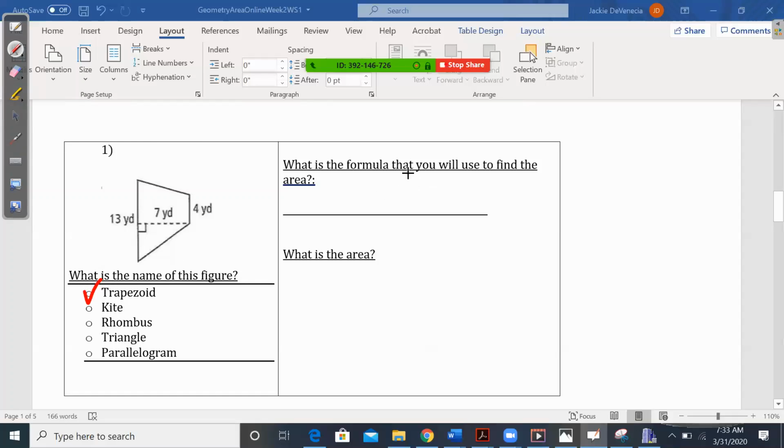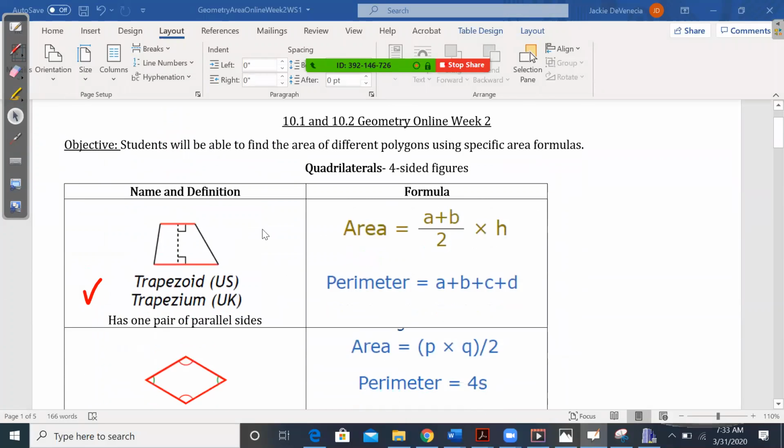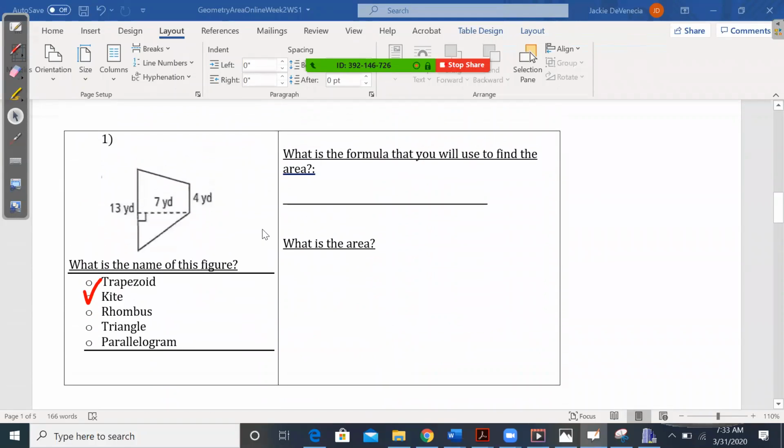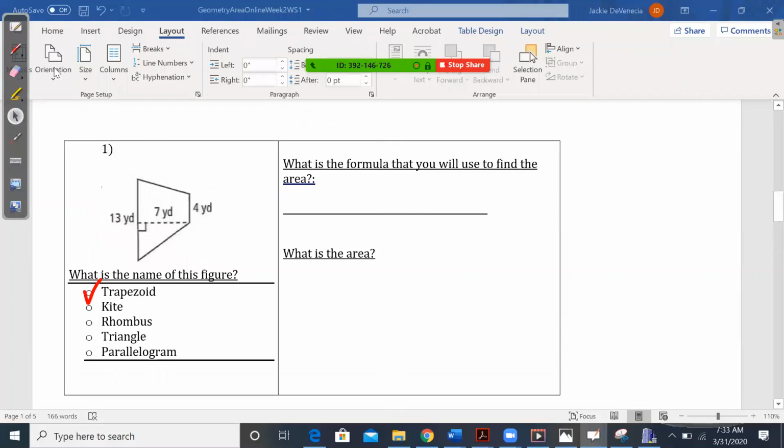Now I'm going to use the area formula that I saw up here. So if I were to rewrite that, my area is going to be 1/2 of the bases, so A plus B, times H.